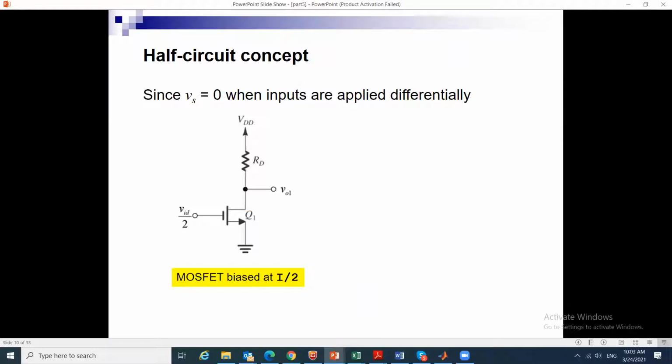And we said if we really just take the transistor level circuit and we set node S to 0 in small signal analysis, the problem is equivalent to a common source amplifier, which is biased at half the current. I'm inputting to one side VID over 2, and to the other side minus VID over 2, and this would be VO2, and this is RD.